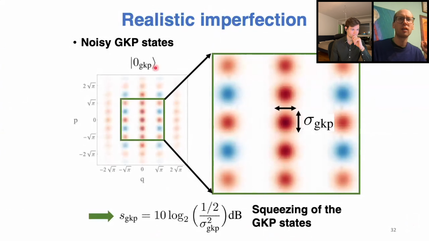If I look here, we had this Wigner function representation, and we said that we have these peaks that are actually not Dirac delta peaks, they have some width. Infinite squeezing would be that each of those peaks is super narrow, but those peaks continue up to infinity. Finite squeezing means that these peaks are not super narrow, and they start fading away as we move away from the center.